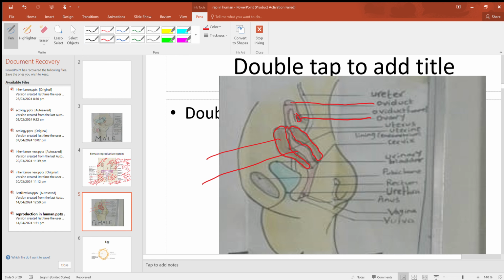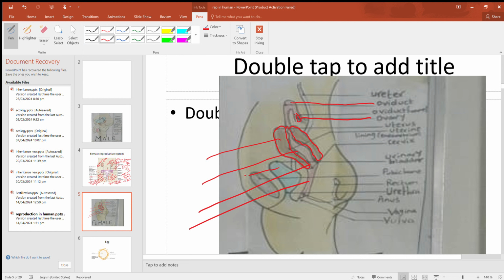Now what is an embryo? After the fusion of the egg with the sperm, after fertilization, a zygote will form, and then this zygote will divide rapidly and form a ball of cells, which is known as the embryo. Then this embryo will get implanted in the uterine lining. This structure is known as the cervix, which dilates at the time of birth, and this structure is the vagina, where the deposition of sperm occurs.